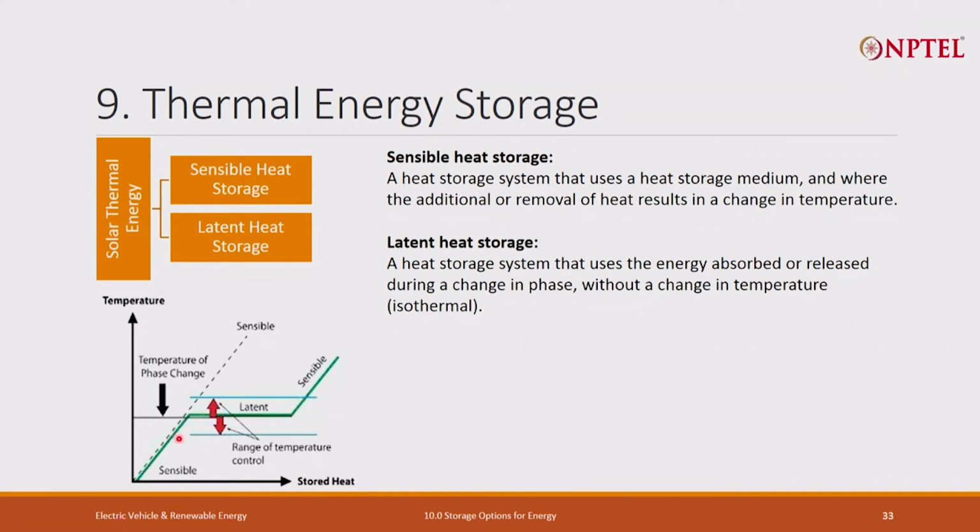In the diagram here, the portion from here to here is sensible heating. Now from here to here it is latent. Here the solid is getting heated up to this point, and now it starts forming liquid. Up to here it is only in liquid form, and the temperature does not rise, because the whole solid is getting melted till this level.